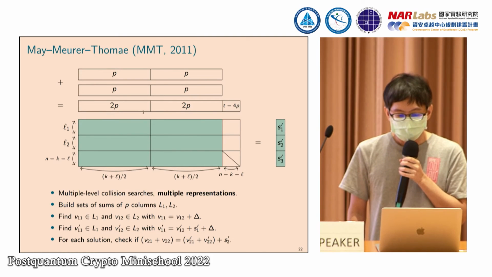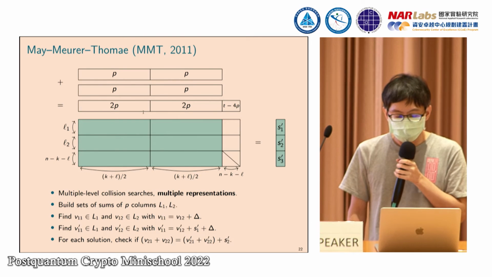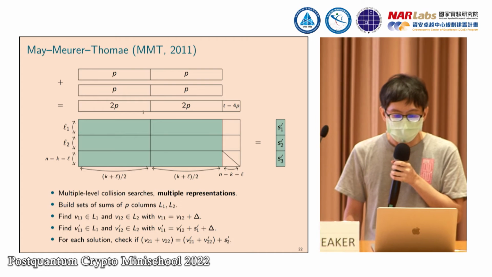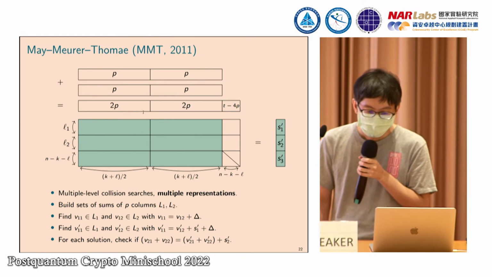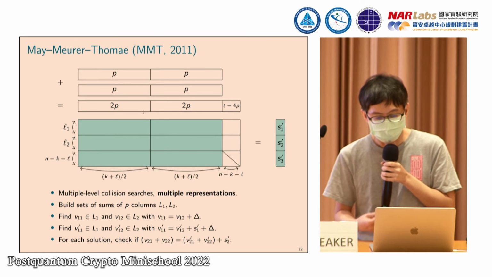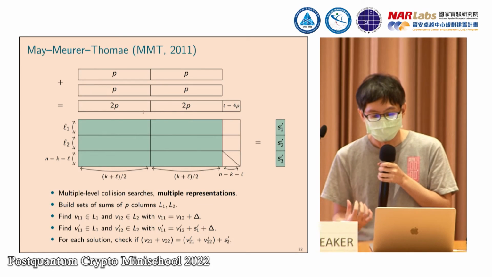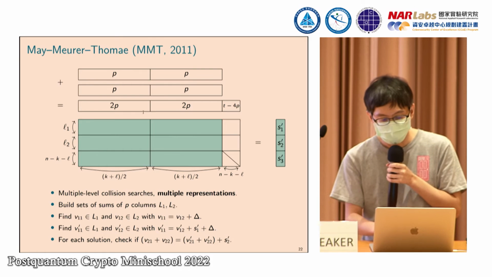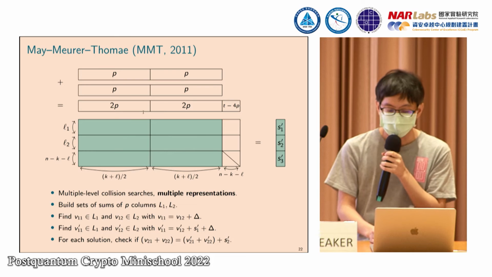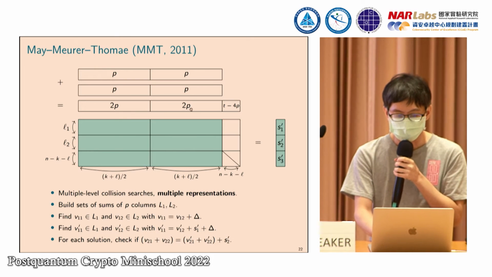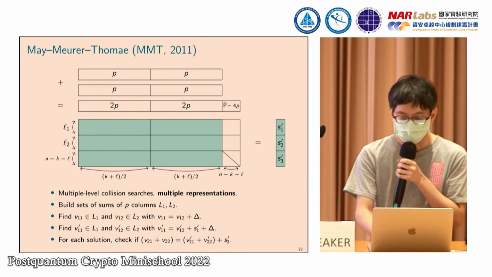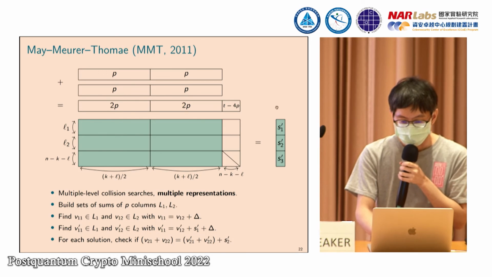Okay, and there are also some more recent attacks. So the first one is this MNT attack. As you can see, this is a bit fancier than the previous algorithms. In MNT, the distribution of the ones in the error vector is going to be like in this rectangle.